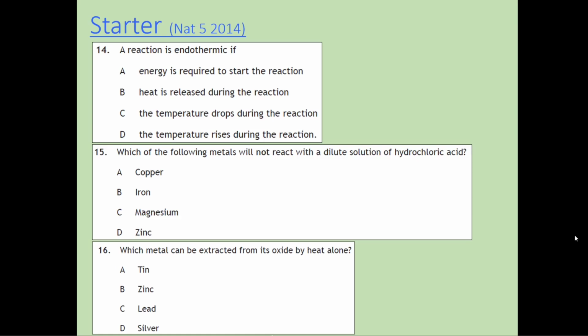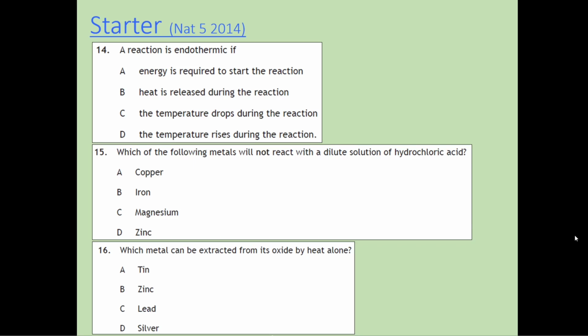Which of the following metals will not react with a dilute solution of hydrochloric acid? Well, this is one of our three reactions of metals that we need to know. Acid plus metal will give us a metal salt plus hydrogen gas. A metal will only react with acid though if it is above hydrogen in the electrochemical series.